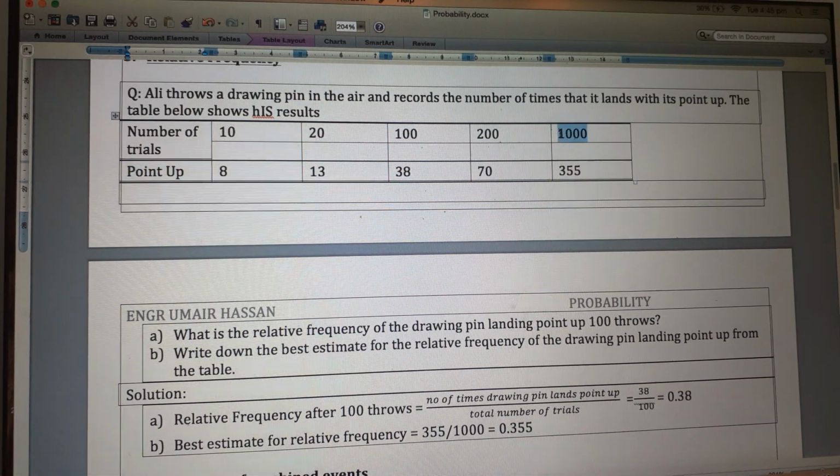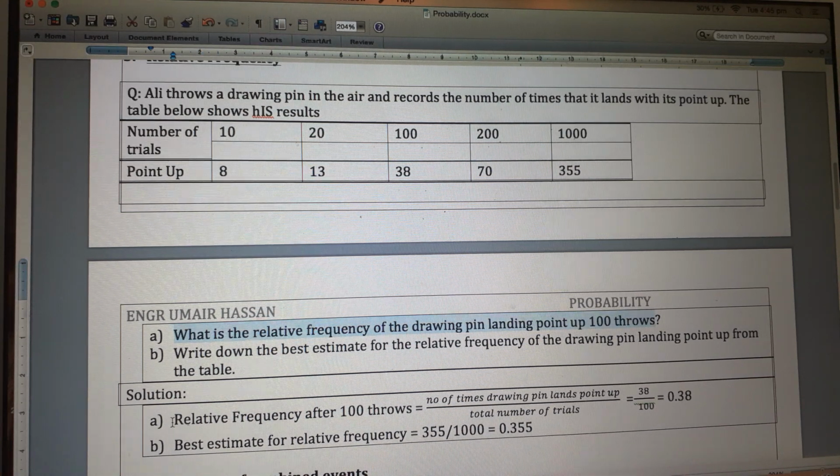Similarly, when you have 1000 trials, then 355 times it will be point up. Now what they have asked us: what is the relative frequency of the drawing pin landing point up in 100 throws.